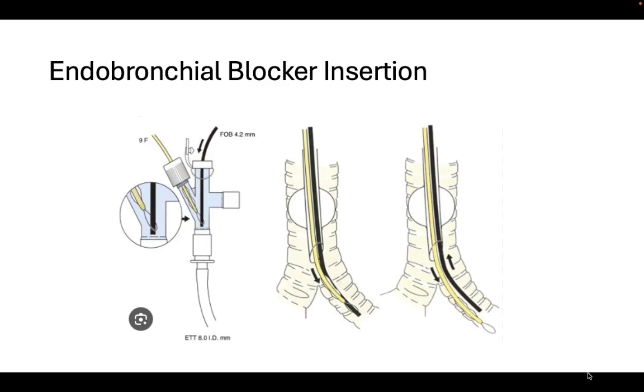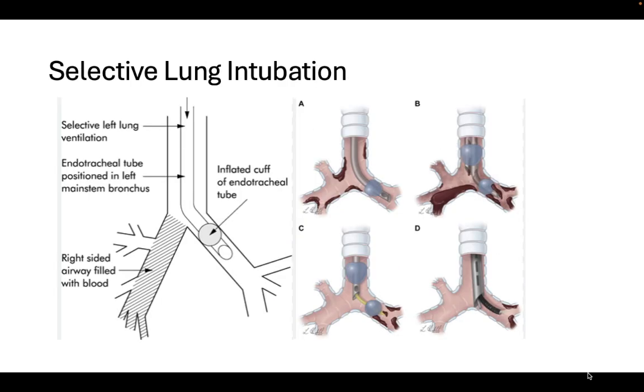Once you're there, at the end of the bronchial blocker, you release the snare from the scope, and it can move independently under direct visualization of your bronchoscope. Once you advance your endobronchial blocker, you then have a port where you can insert air into the balloon, creating hemostasis and tamponade. This is with a one-way valve that will hold that amount of air that you have entered into the balloon.